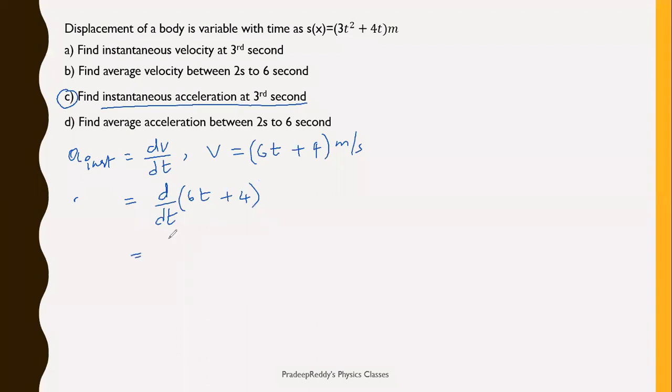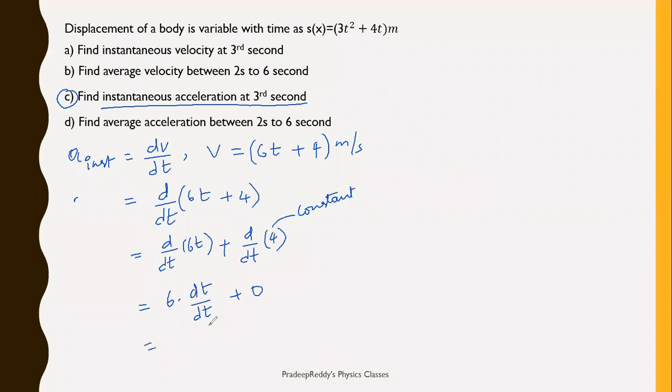Now separately you differentiate this, d by dt of 6t plus d by dt of 4, right? This is equal to d by dt of 6t is 6 into dt by dt, plus d by dt of 4, this is constant, right? What is d by dt of a constant? It is 0. And what is dt by dt? 1.